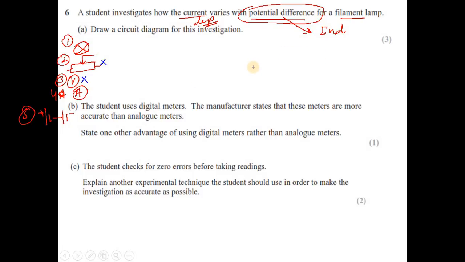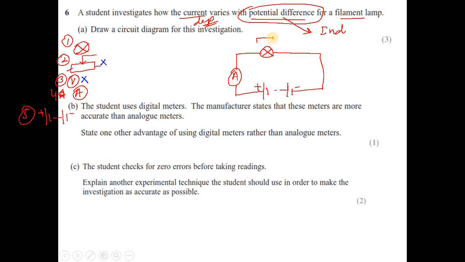So you will have to join the bulb with the ammeter, and then the ammeter is going to connect with the power supply, like that, and then the power supply goes to the bulb, and then you need to connect the potential divider or rheostat parallel to the bulb. So that's how you can connect.